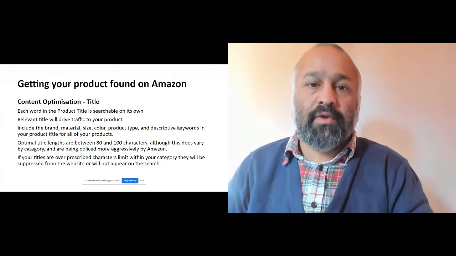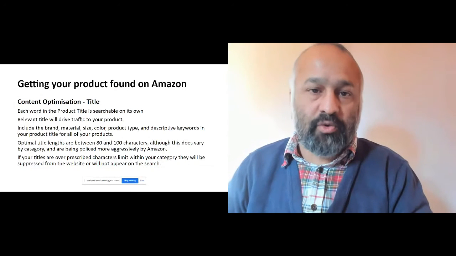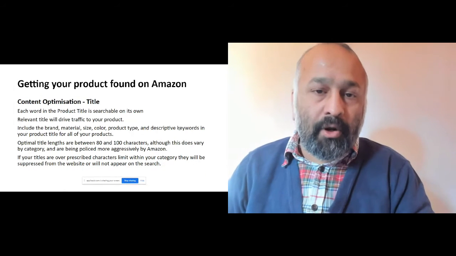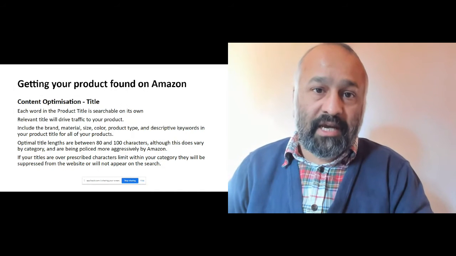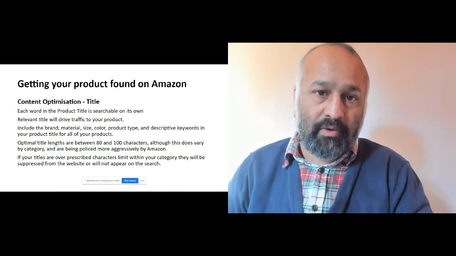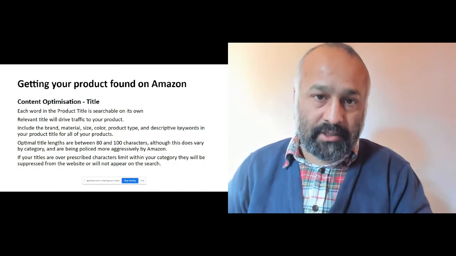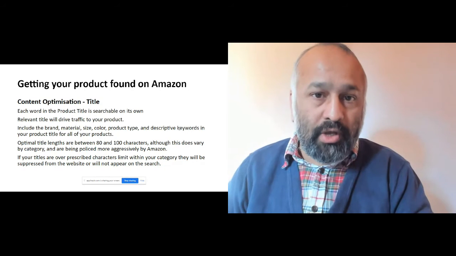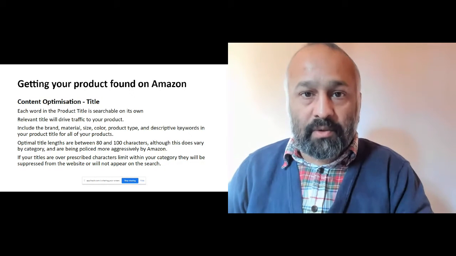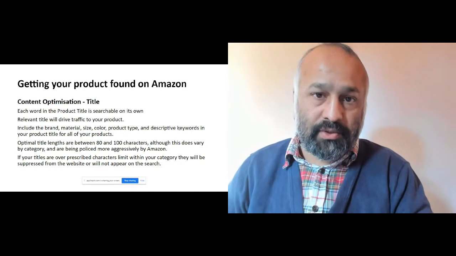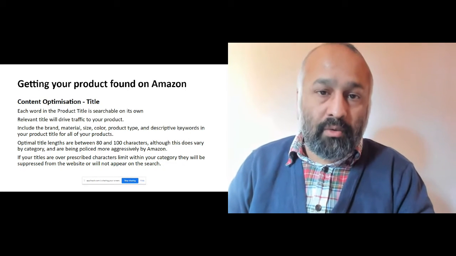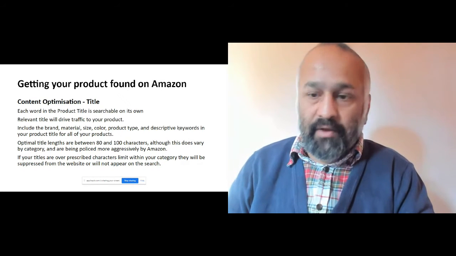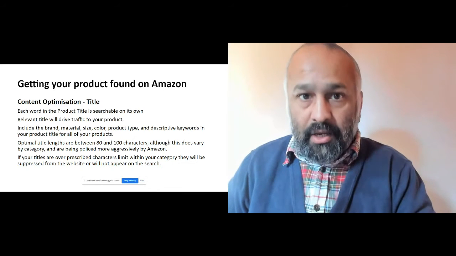I see a lot of titles from 50 up to 250 characters, but optimal is 80 to 100 if you can. Some categories also allow you up to 250 characters now, so just follow the Amazon guide in terms of the number of characters it allows. And if you can add more relevant keywords to that, then do so, but stay within the limits.